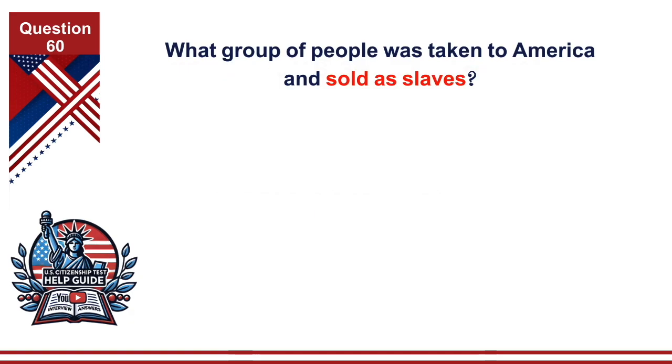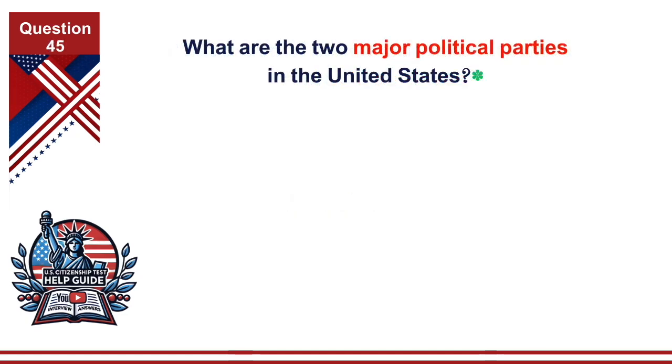What group of people was taken to America and sold as slaves? Africans. What are the two major political parties in the United States?